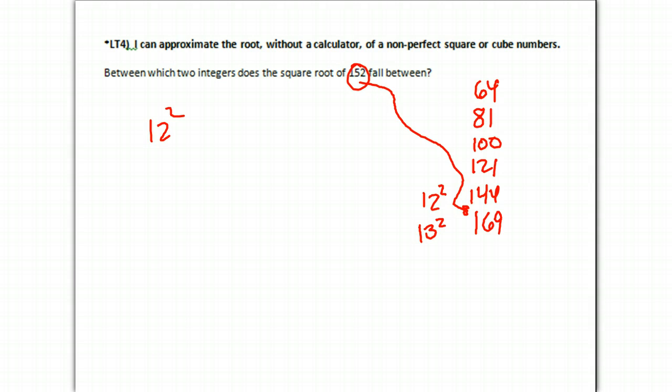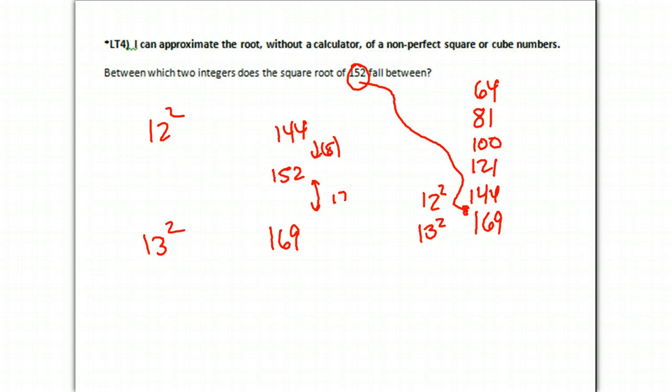If 12 squared is 144 and 13 squared is 169, we know that 152 is somewhere in between. And if you do subtraction, you can figure out which one it's closer to. 144 is a distance of 8 away. And this one's a distance of much more than that, 17 I think, if I did that math right. So it's actually going to be closer to 13 squared. So it falls between 12 and 13.